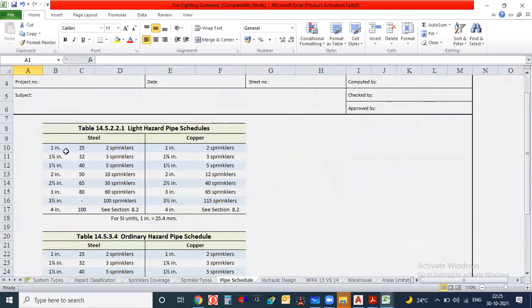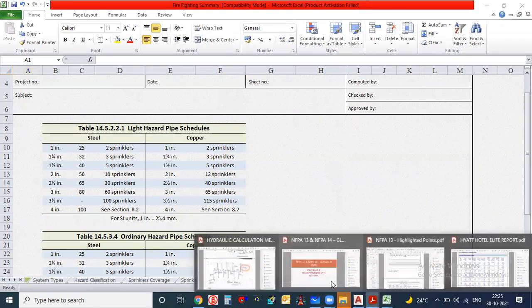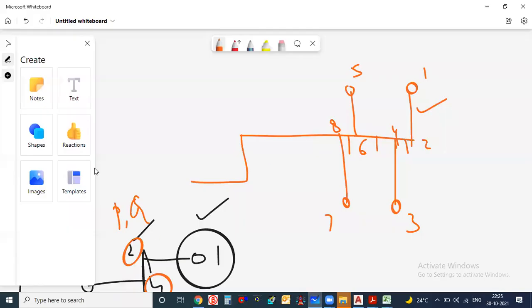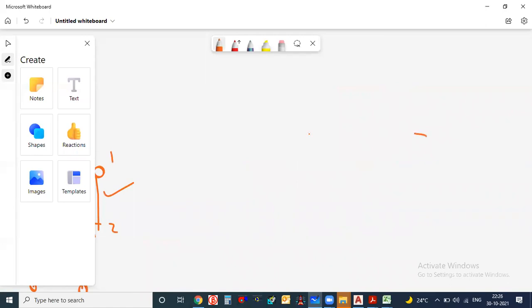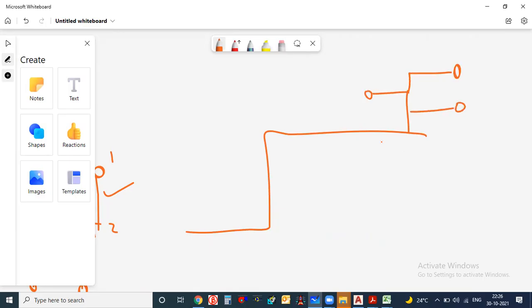For 25 will be 1 inch for the 2 sprinklers. Now just try to understand with this example. I hope you will understand very easily. Suppose here I have connected a number of sprinklers: 1 sprinkler, 2 sprinklers, 3 sprinklers.